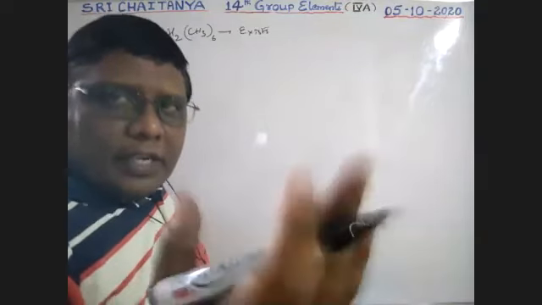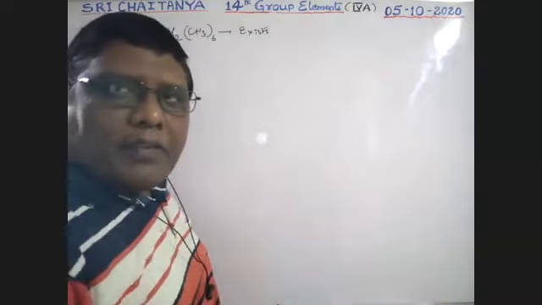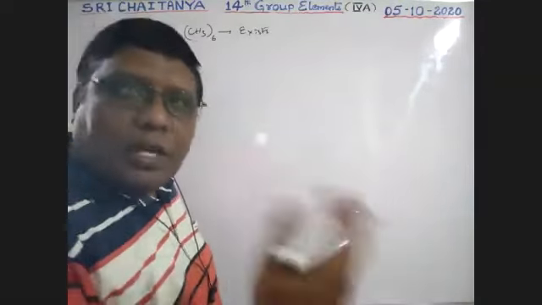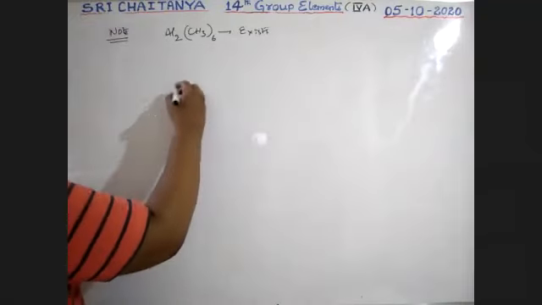Al2Cl6 exists, the dimer of AlCl3. Just like that, Al2(CH3)6 also exists. See here, what is the structure for this one?